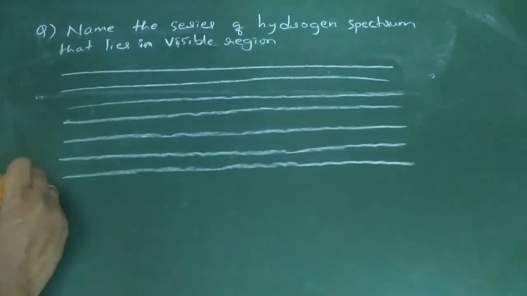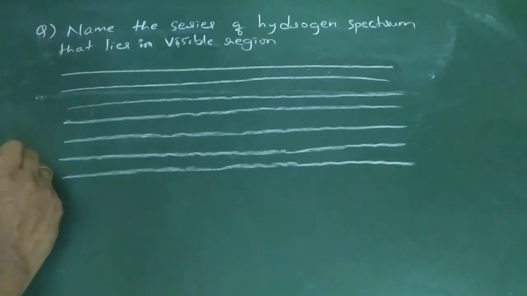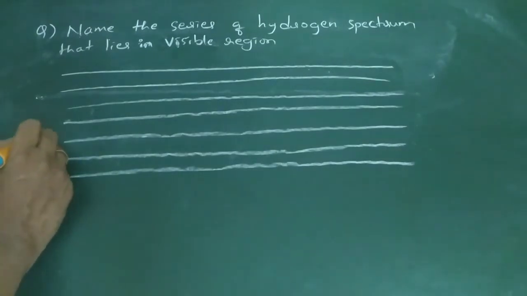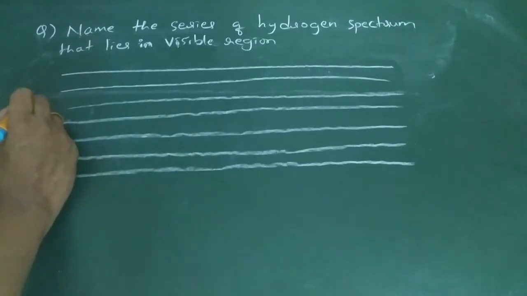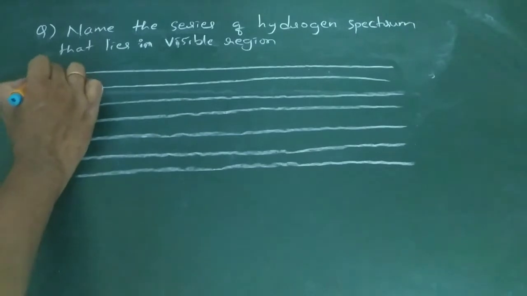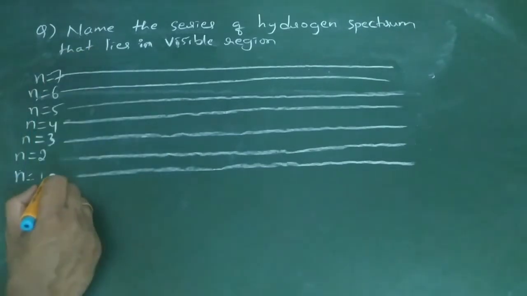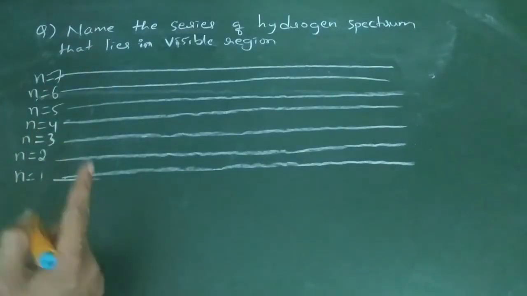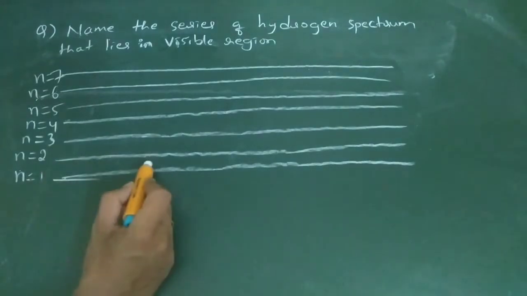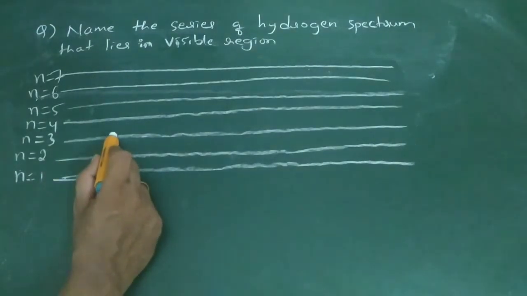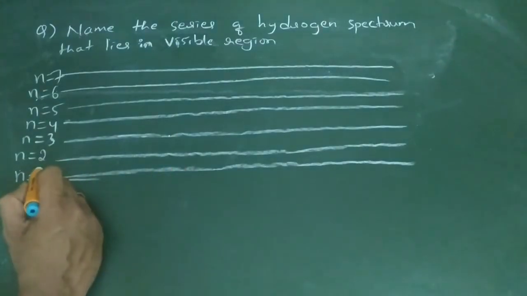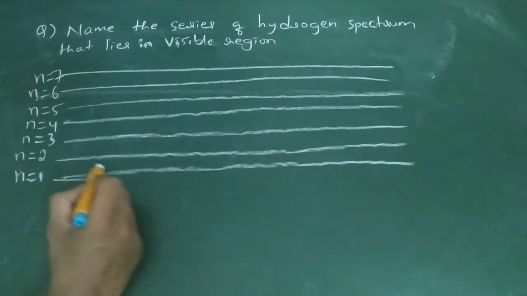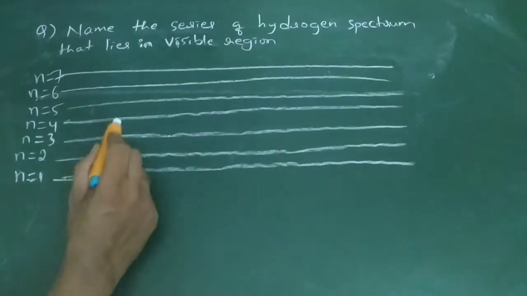So let us take, this is n is equal to 1, n is equal to 2, n is equal to 3, this orbit is n is equal to 4, n is equal to 5, n is equal to 6, and n is equal to 7. Are you getting that? Imagine these are the orbits of the atom. First orbit, second orbit, third orbit. In these orbits, electrons are revolving.